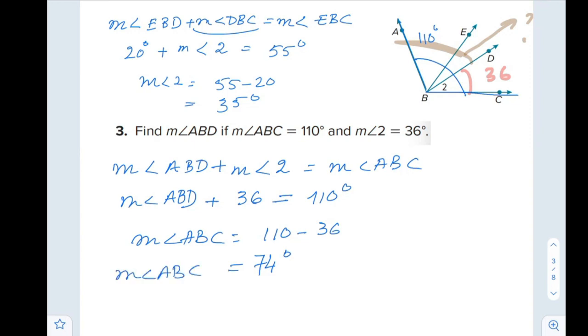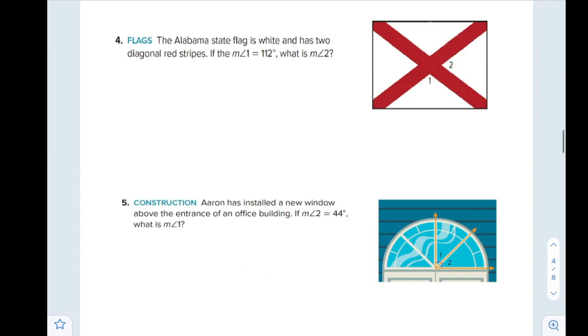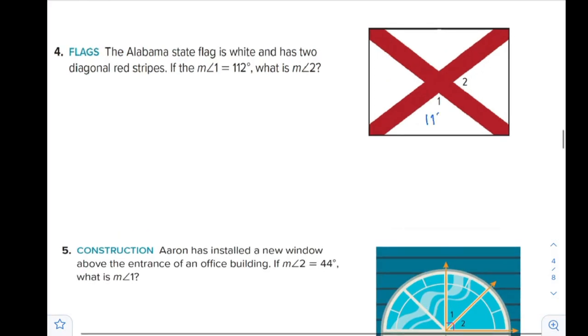Easy and straightforward. Real life application: the Alabama state flag is white and has 2 diagonal red stripes. If the measure of angle 1 is 112, what is the measure of angle 2? It's very clear that they are supplementary. They are forming linear pairs.